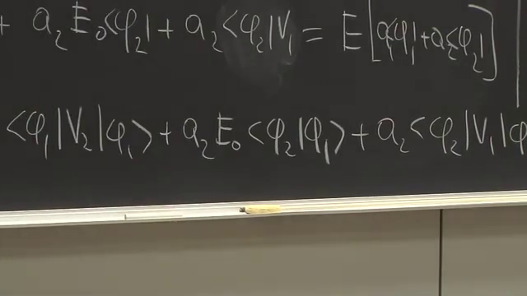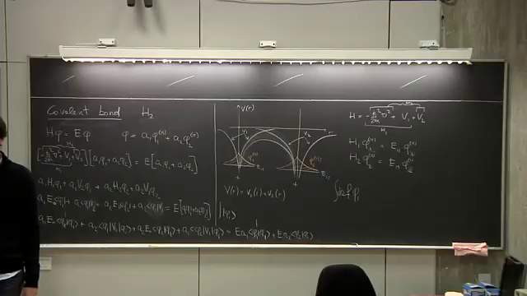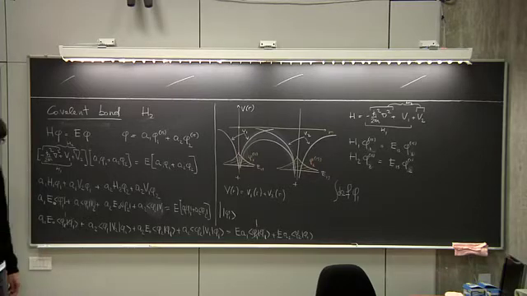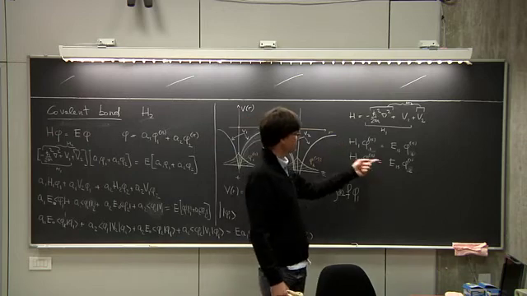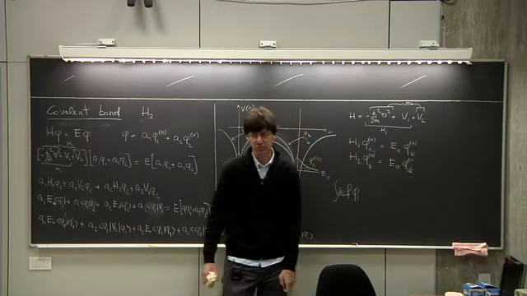Why is it orthogonal? Okay, they are the eigenfunctions, the eigenvalues for the Hamiltonian H. Phi 1 and phi 2, are they eigenfunctions of H? No, H1 and H2. Right, so we require phi 1 and phi 2 to be eigenfunctions, phi 1 of H1 and phi 2 of H2.